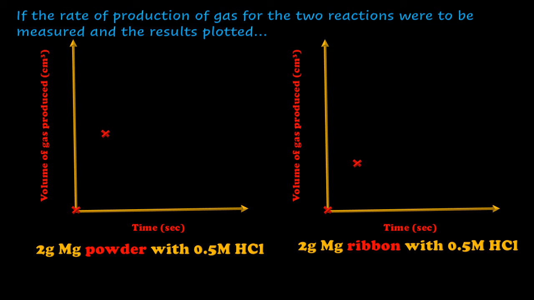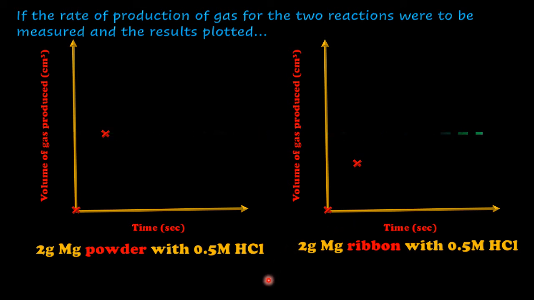But let us look at this. If we consider the reaction of the powder, we'll see that for that first plot, the volume of gas produced is higher than that of the reaction of the ribbon with the hydrochloric acid.